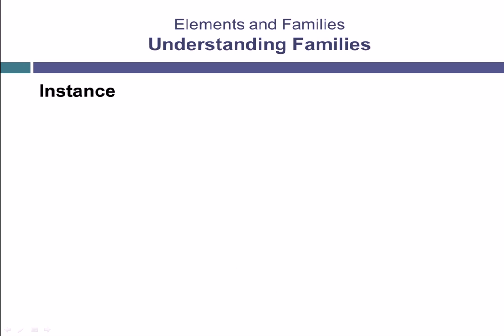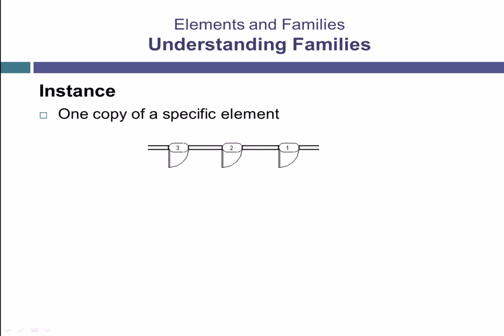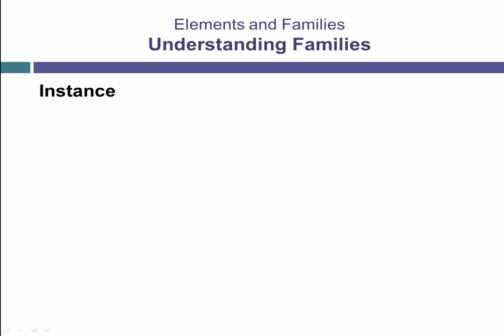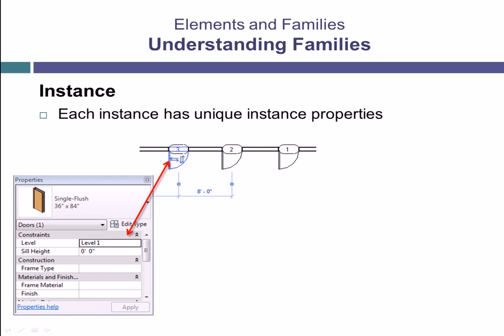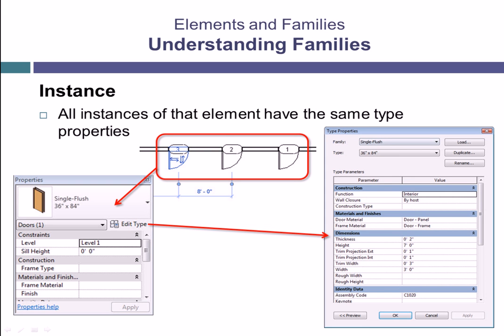When you place an element into your Revit model, you create an instance of that element. So you could place 20 different 36-inch by 84-inch single flush doors in your Revit model, and each would be an instance of that specific type of door. Each instance would have its own unique instance properties, but each would share the same identical type properties.